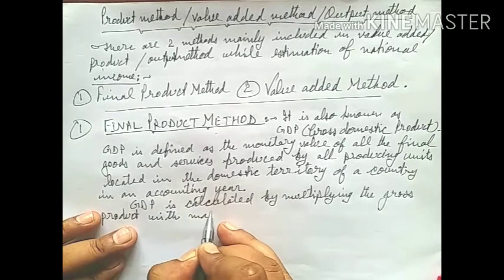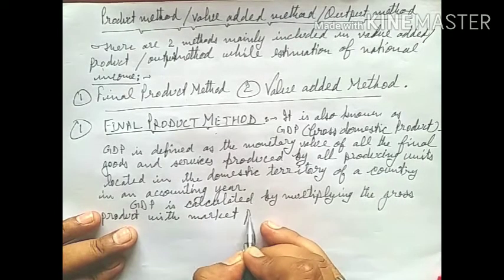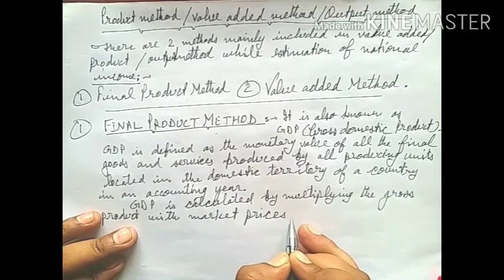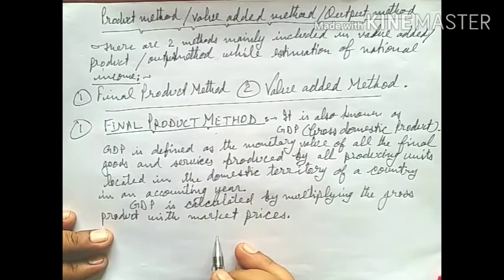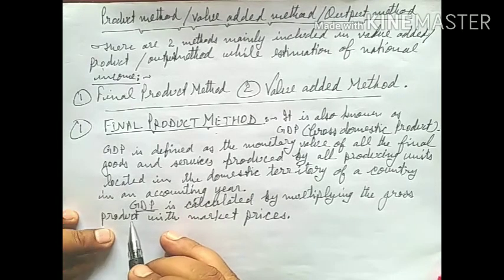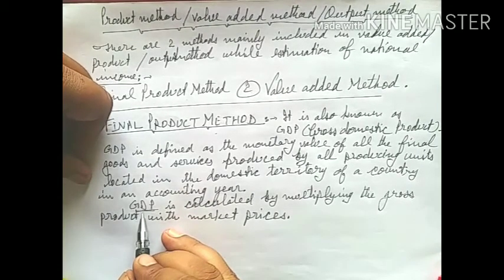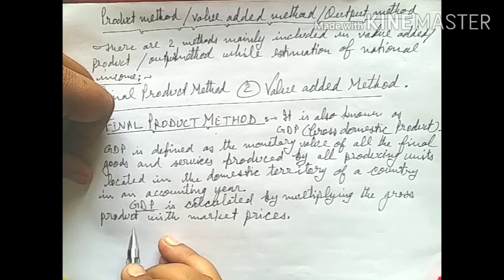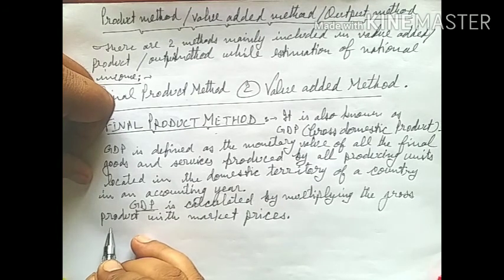With market prices means GVO at market price, or the gross value output.